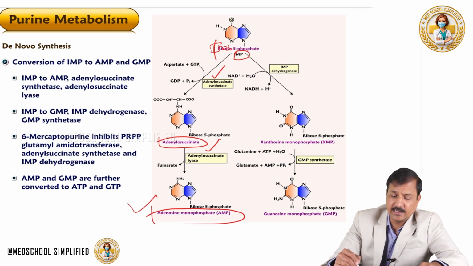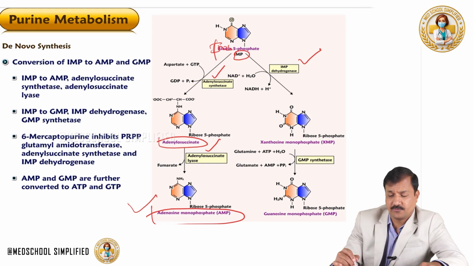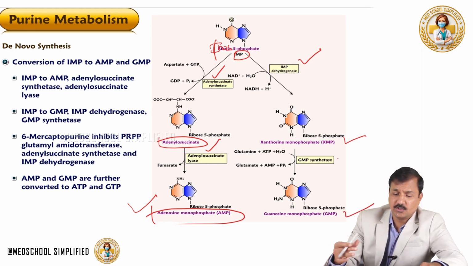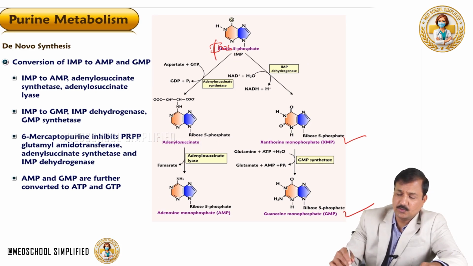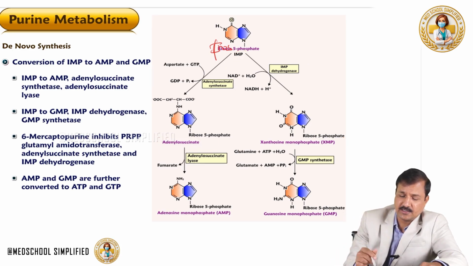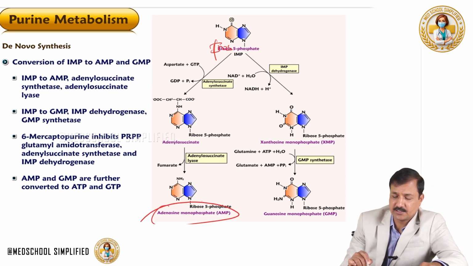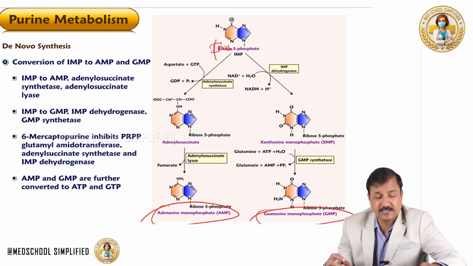On the other side, IMP dehydrogenase takes inosine monophosphate into xanthosine monophosphate, and then GMP synthetase converts it into guanosine monophosphate. So like this, IMP diverges into 2 sides: one towards AMP formation, the other towards GMP formation.